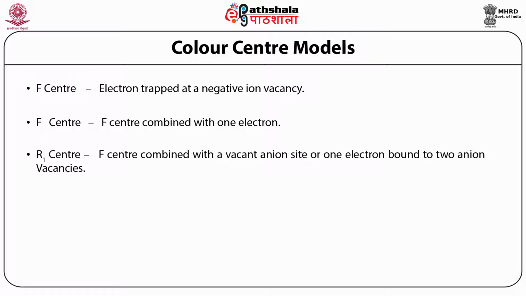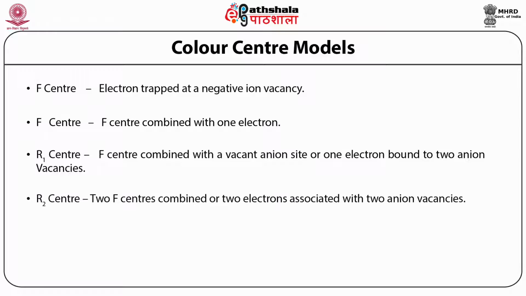R1 center is F center combined with a vacant anion site, or one electron bound to two anion vacancies. R2 center is two F centers combined, or two electrons associated with two anion vacancies.